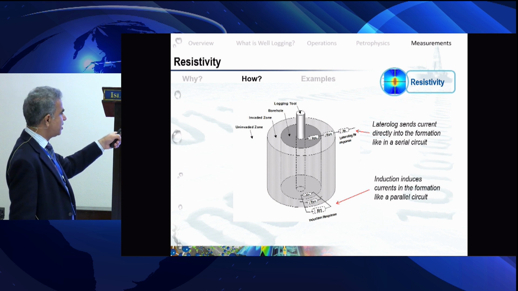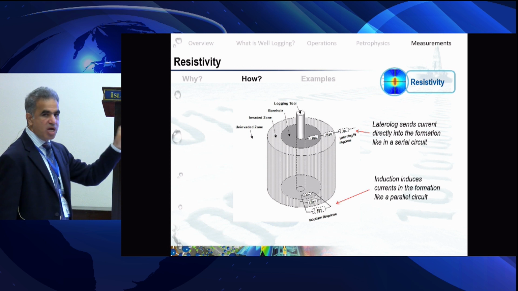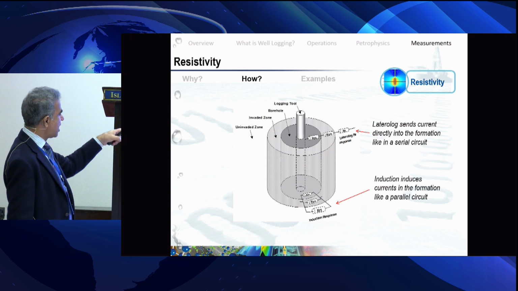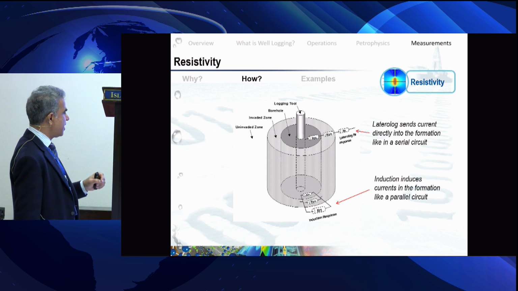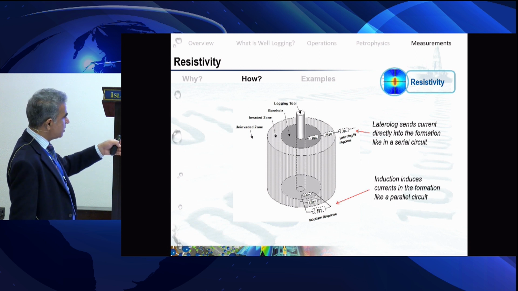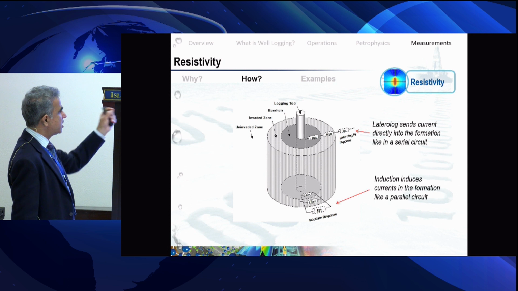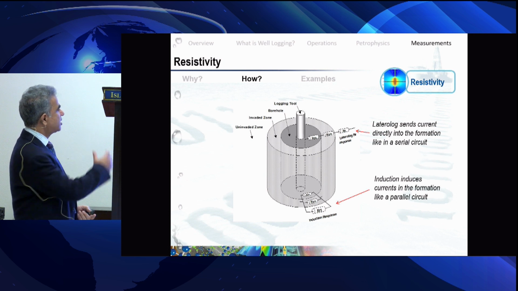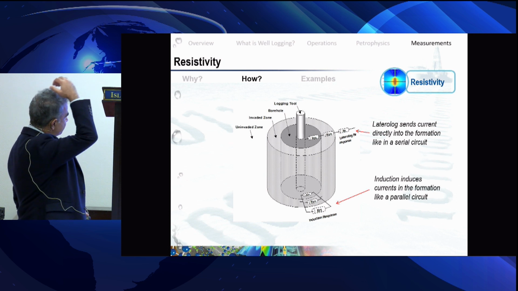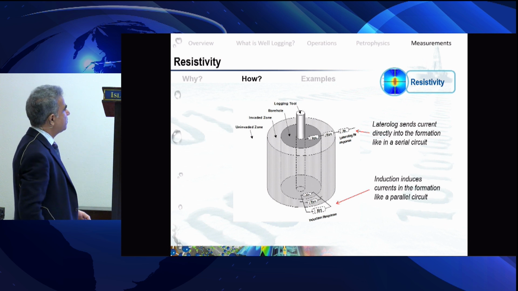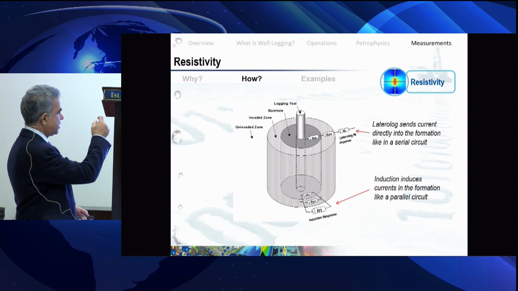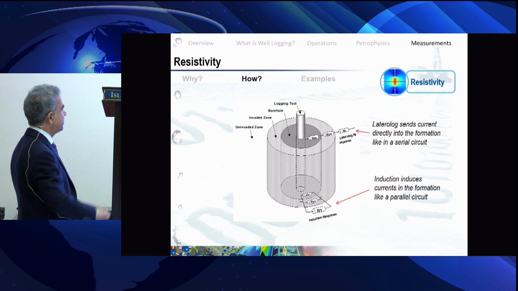In the case of induction, since it induces the current through coils, it goes as a parallel circuit, whereas in lateral log, since it's emitting the current, it goes through a series, like a serial circuit, into the formation.